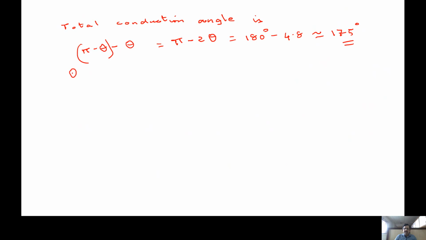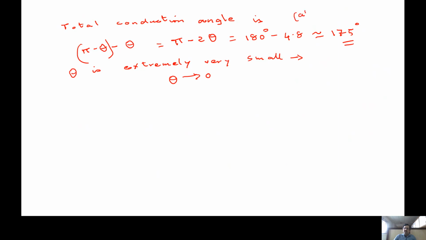Now theta is extremely small, for the parameters we have chosen in the circuit, especially the input. So you may assume theta tends to 0 and conduction is happening almost entirely in one half of the cycle.